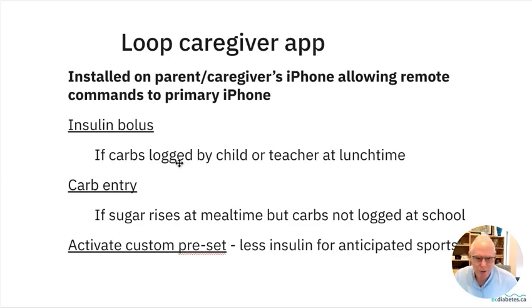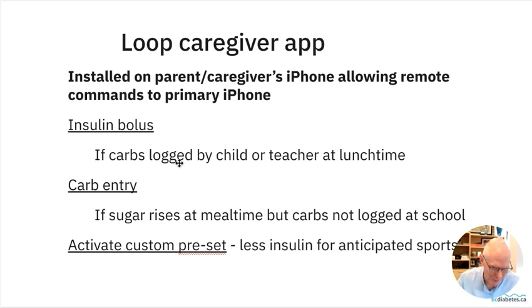There's another app that goes with Loop, a companion app called the Caregiver app, that we haven't talked about and we don't talk about much. It is also open source. It's installed on the parent's or caregiver's iPhone and allows the parent or caregiver to give remote commands to the primary phone. So the typical scenario is the kid's at school, they've got their phone.